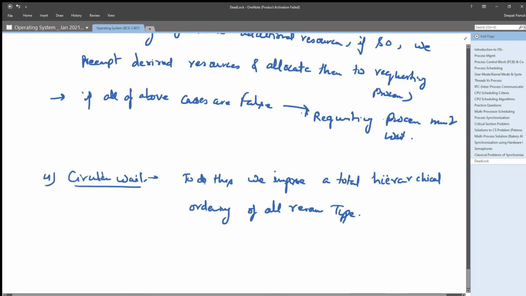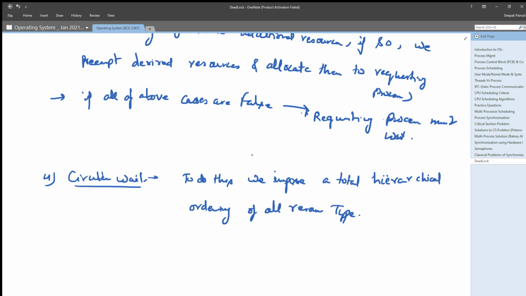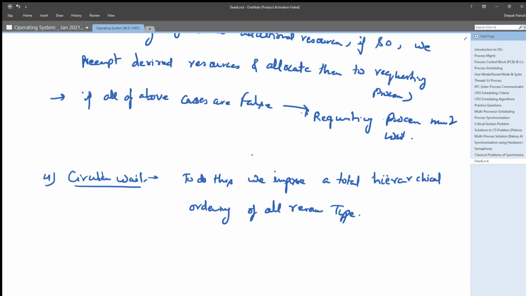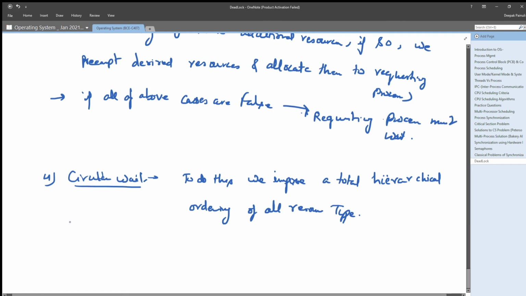What we are saying is that if we provide the ordering of all the resources available in the system, and we ensure that every process will demand those resources in increasing order of hierarchy, right? Then only we can break this condition.